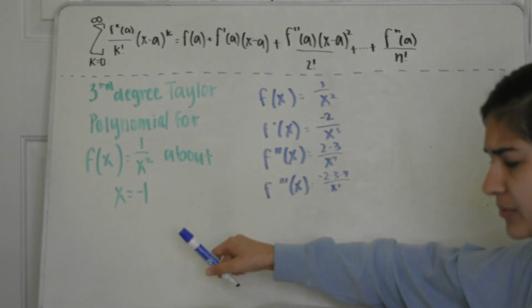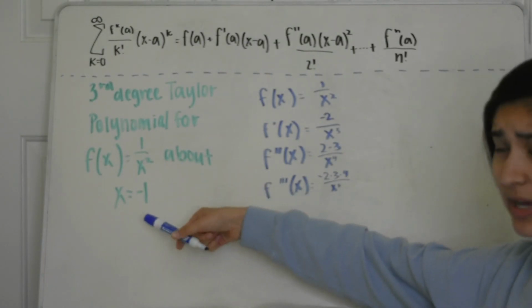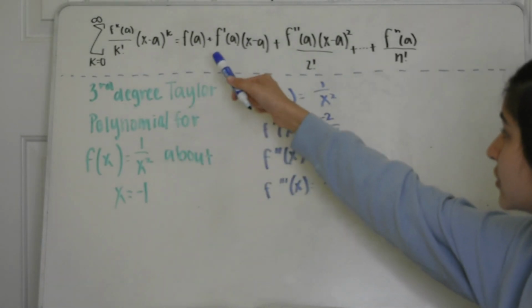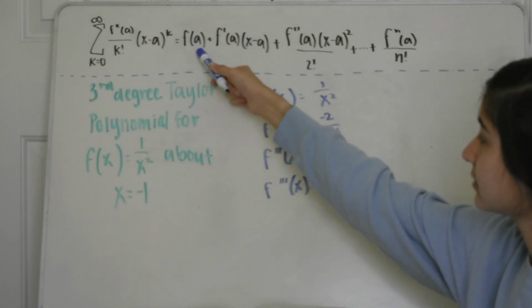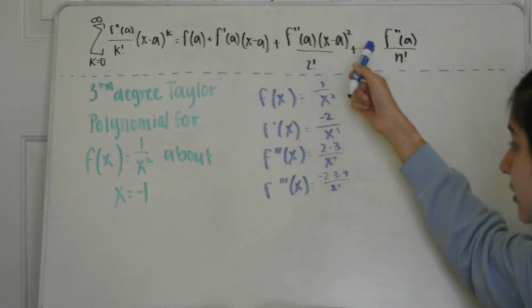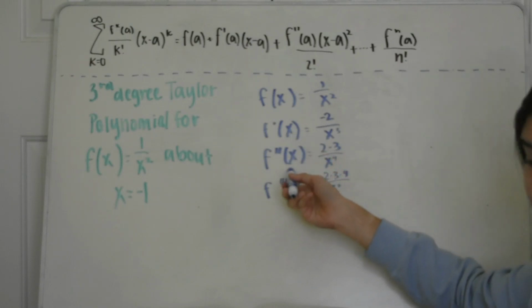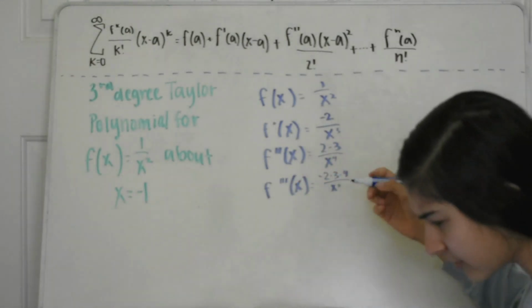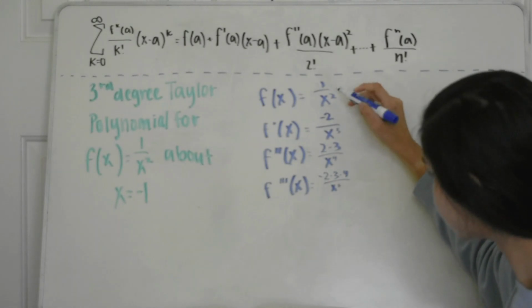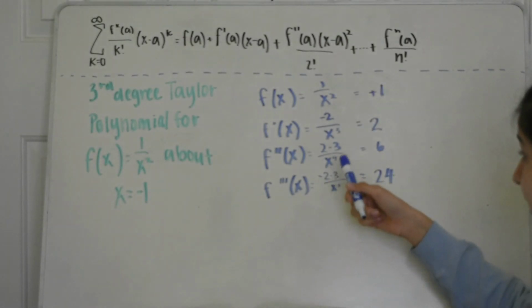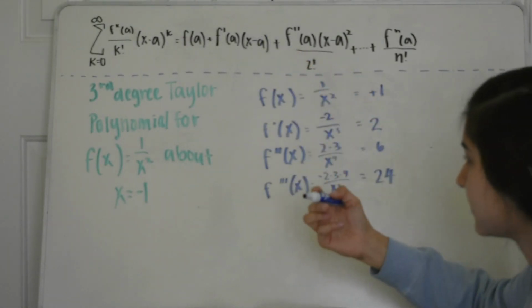So now this problem is asking us to find it about x equals -1. So for the leading coefficient of each x term, you want to find where x is -1. So plugging in -1, we get, okay, now let's plug these into our equation.